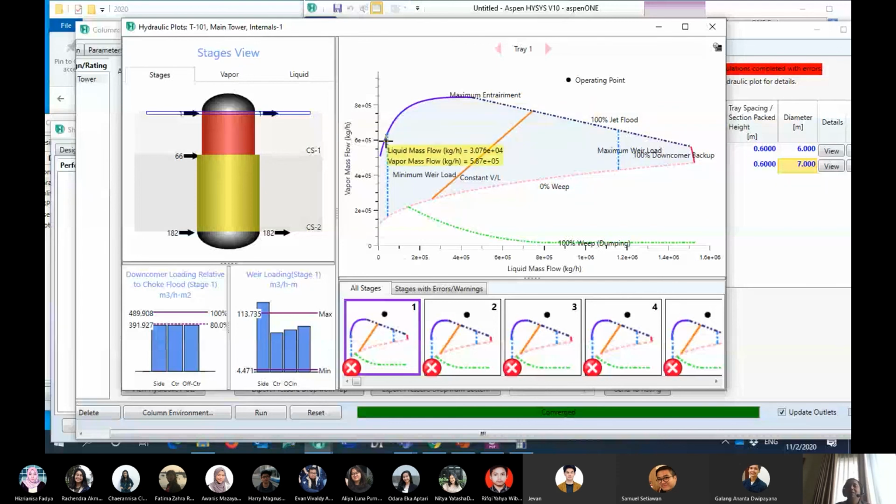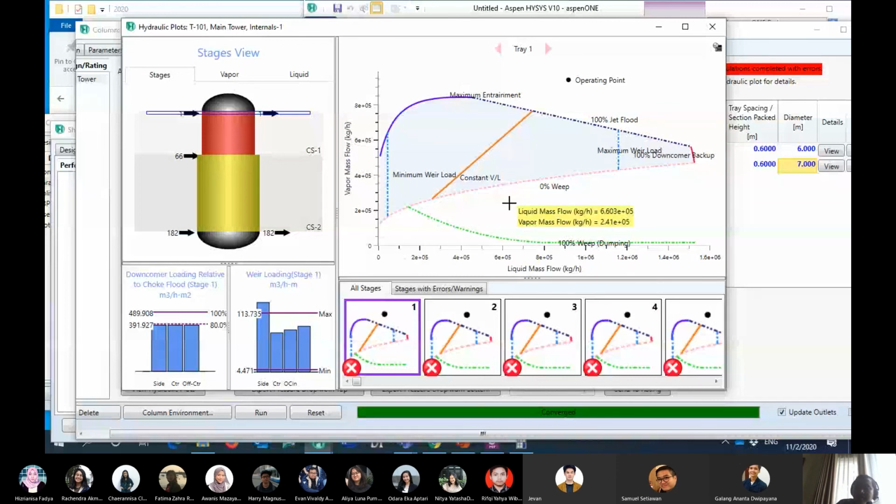Not really the same in terms of the lines, because it depends on the condition and the components that we have. Sometimes it could be straight, sometimes a bit curvy.